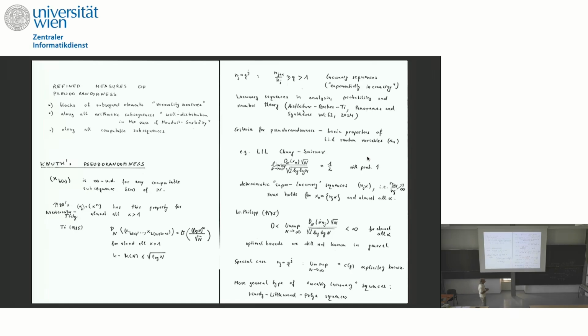Known from standard classes in probability theory that an IID sequence satisfies a law of the iterated logarithm, and formulating this for discrepancies, one gets this limit law of Chung and Smirnov, for instance, saying that such a random sequence xn has a discrepancy DN satisfying this law, square root of n over square root of 2 log log n, and the lim sup here is exactly 1/2. You can compute this lim sup, it's exactly 1/2.